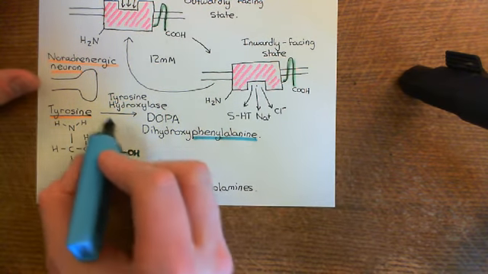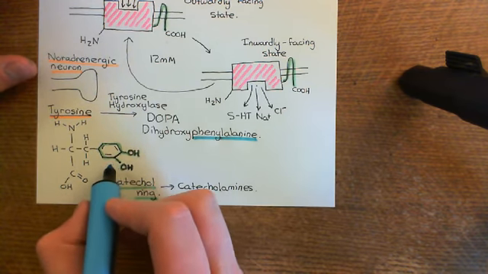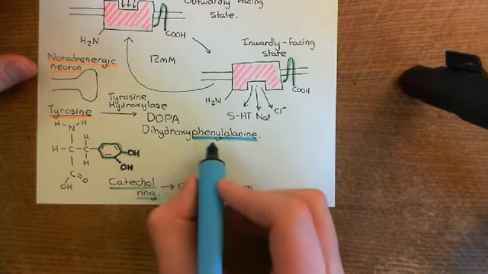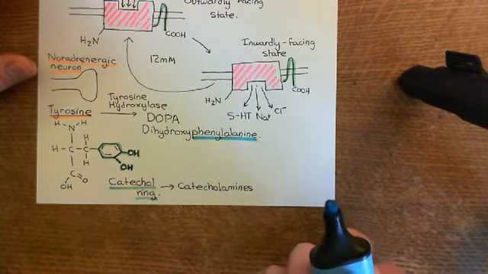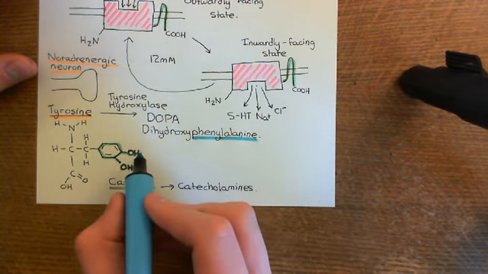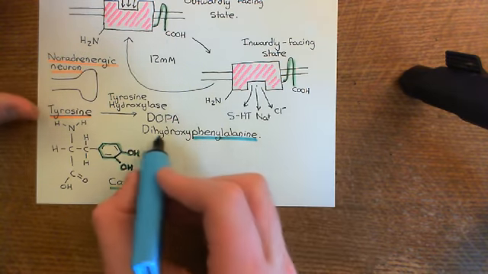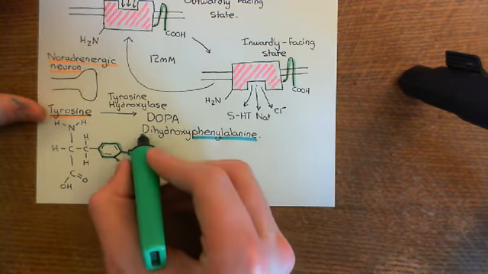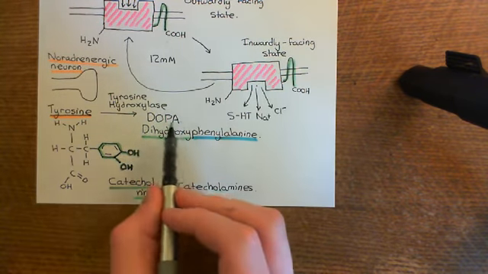So in fact, if you take this structure here and you take the two alcohol groups off, okay, so imagine taking this off and taking this off, that is phenylalanine. It's another proteinogenic amino acid. It's tyrosine without the alcohol group, basically. Okay, so this name makes sense because this is phenylalanine with two alcohol groups added on, basically, to create the catechol ring that we have. Okay, so that's the origin of the name dopa.